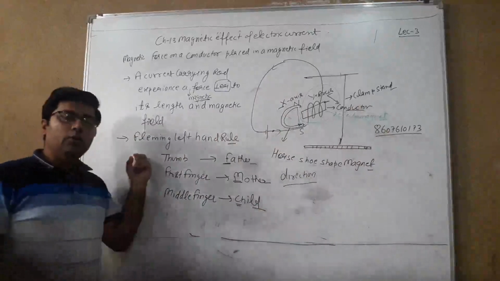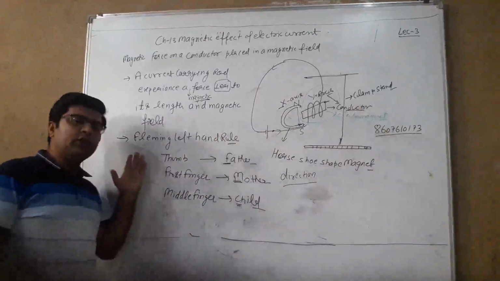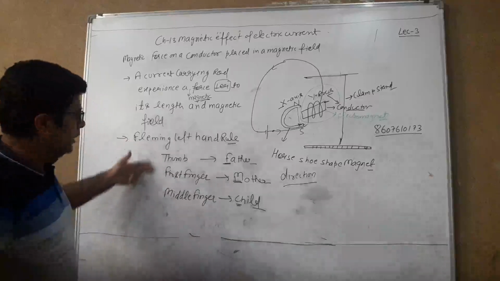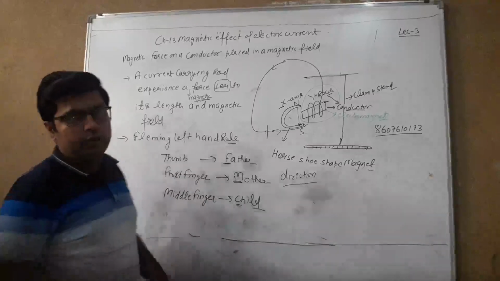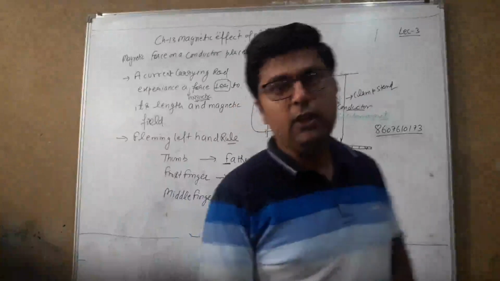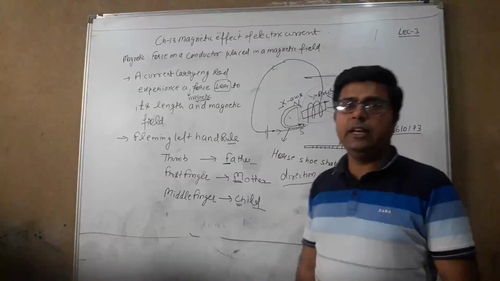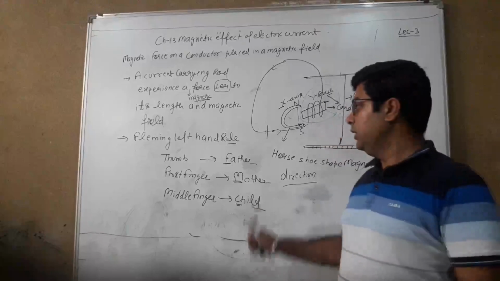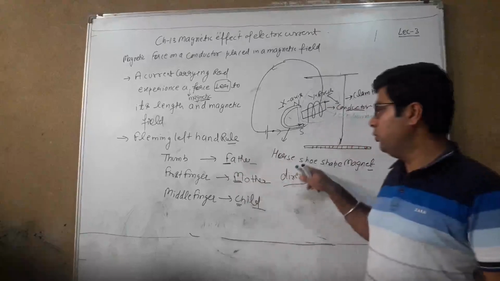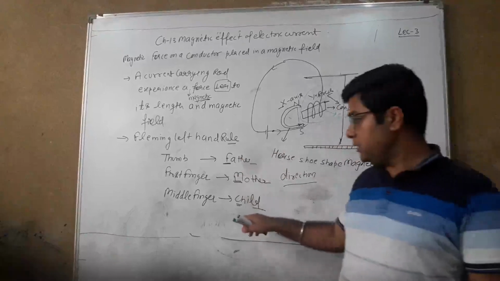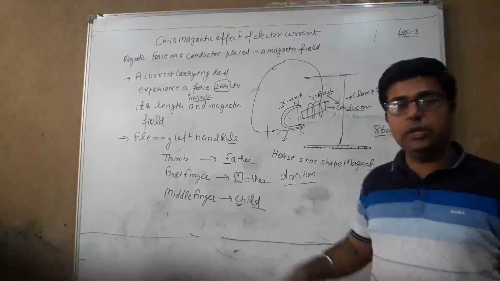Now, Fleming's left hand rule. It's a hint, a clue: father, mother, and child. We have to align our thumb, first finger, and middle finger in such a way that they are mutually perpendicular to each other, and we get to know in which direction we are getting force, in which direction the magnetic field, and in which direction the current.